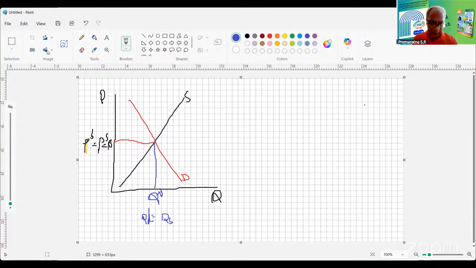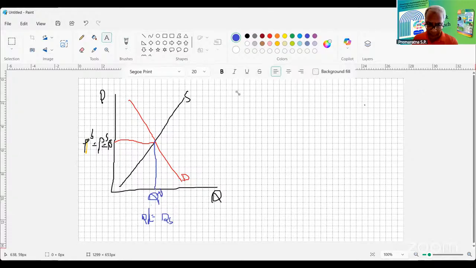Now, if you have separately, like you learned before, a demand function, let's say QD = 20 - 2P, and the supply function, let's say a very simple one, QS = -10 + P. So here are the demand and supply functions.